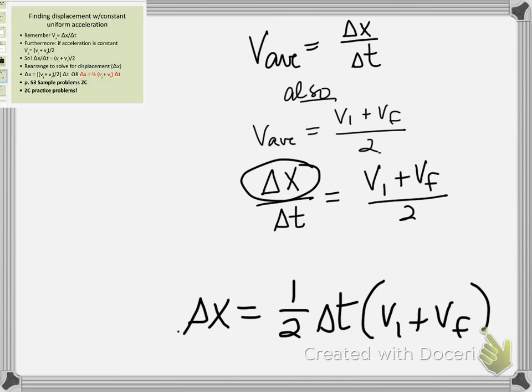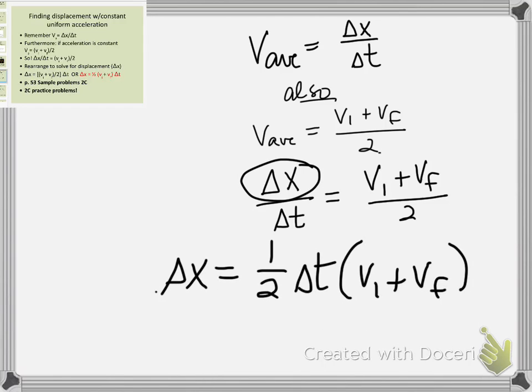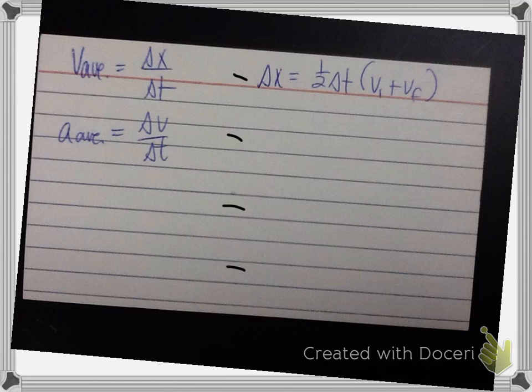So what we get is delta x equals 1/2 delta t times the quantity VI plus VF. So if we've got any problem where we're trying to connect the displacement, the time interval, and the initial and final velocity, this is your creature. So that's what I have right now.